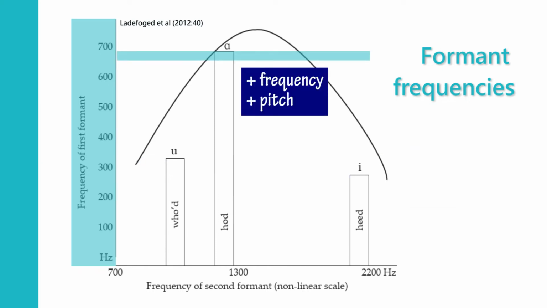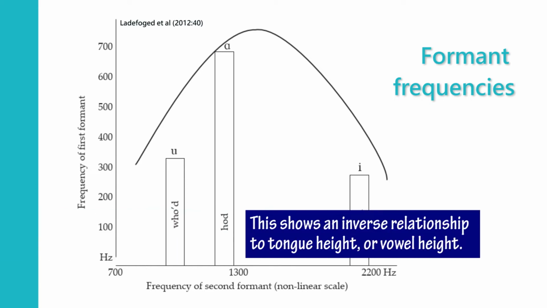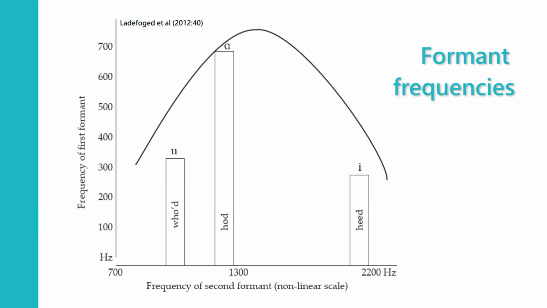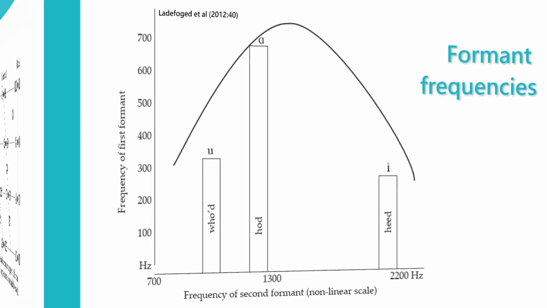But for A, it's higher. This shows an inverse relationship to tongue height. For the 1st formant, the higher the vowel, the lower the frequency.